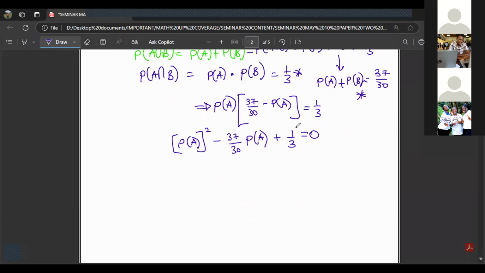So from our calculator, I think we shall have 5 over 6 or 2 over 5.